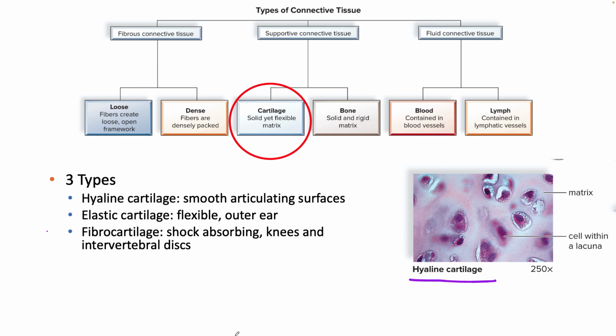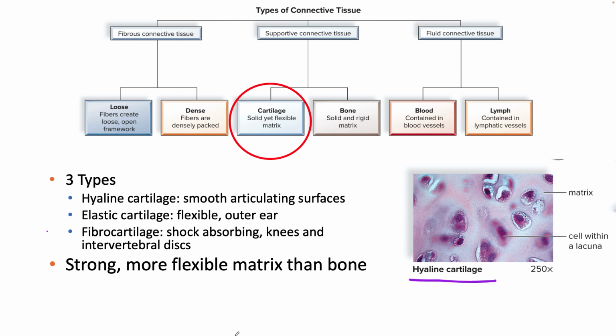And fibrocartilage is going to have much more of a shock absorbing type of function. You're going to find it in the knees and in between the intervertebral discs, and it's going to help to cushion some of that stress of walking and keep the bones from banging into each other. So this type of cartilage is very strong, but it's more flexible than bone. Bone has a completely solid matrix.